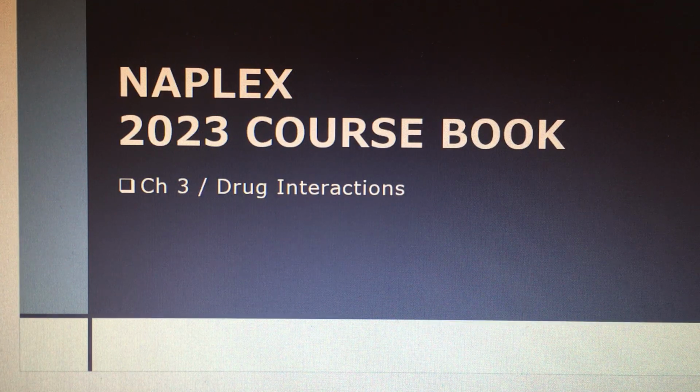So the amiodarone inhibits P-glycoprotein, and the digoxin is a P-glycoprotein substrate. And so we're going to have reduced digoxin excretion, and this could cause digoxin toxicity.